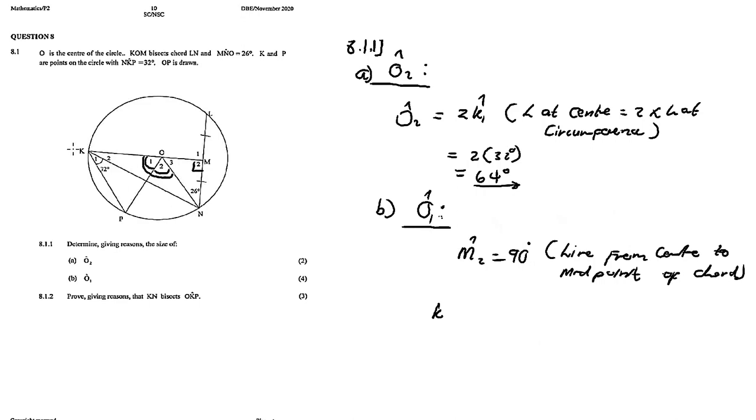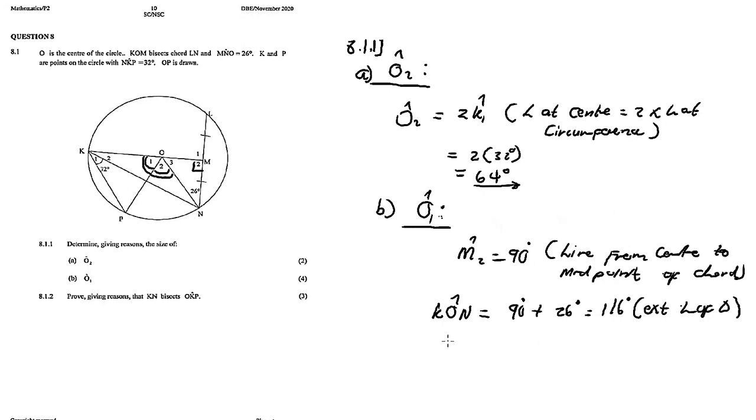This whole angle is called KON, which is equal to 90 degrees, the exterior angle of a triangle, plus 26 degrees. Adding them gives 116. Yes, 116. The reason is the exterior angle of a triangle.